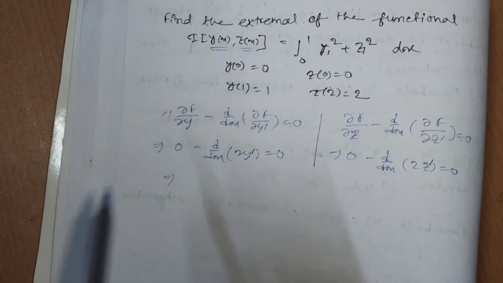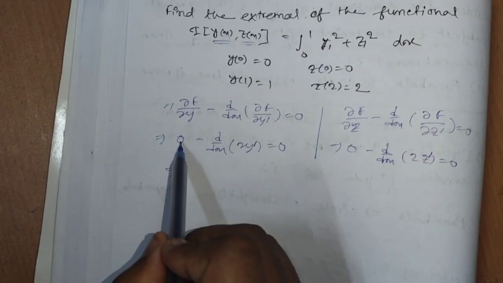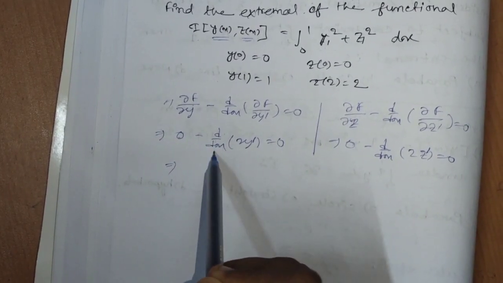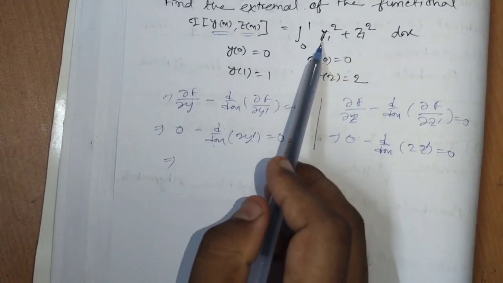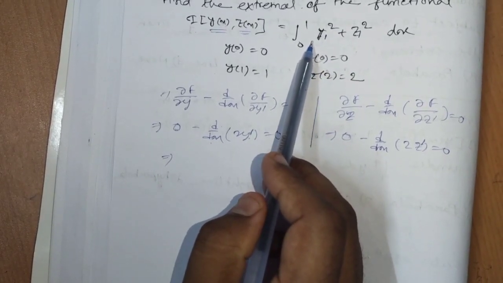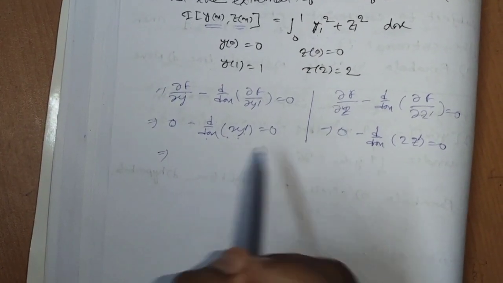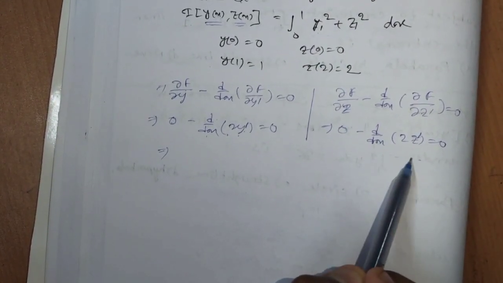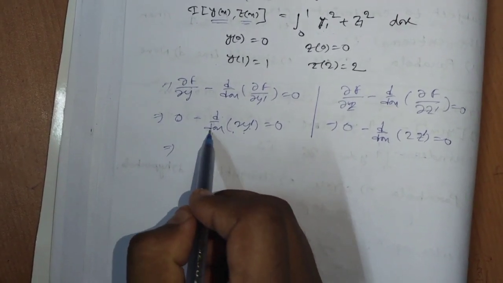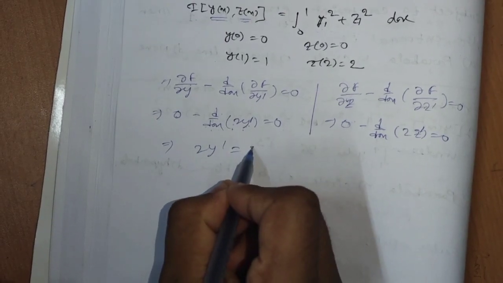This is 0 because no term of y is here, minus d dx of 2y dash because this is y dash square, and the partial derivative with respect to y dash is 2y dash. Similarly this 2z dash. Okay, now see d dx of 2y dash equal to 0, that means 2y dash equal to some constant, say c.